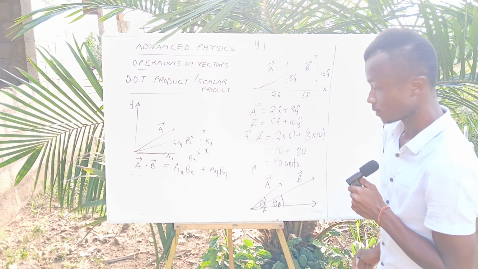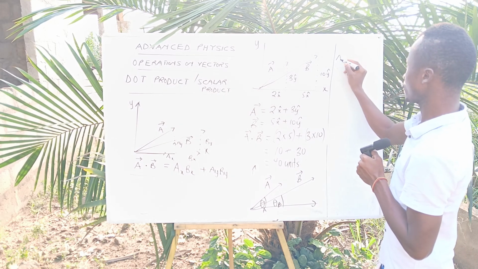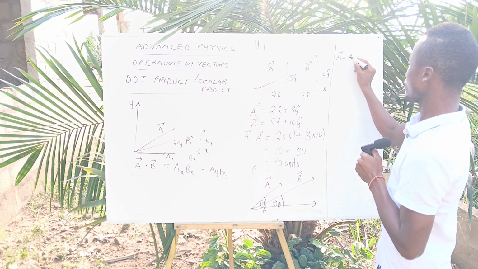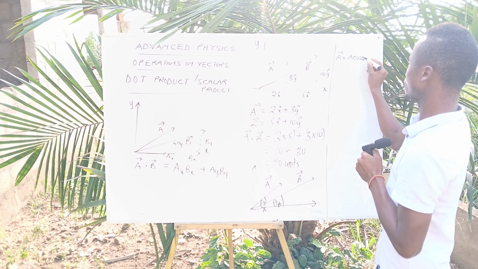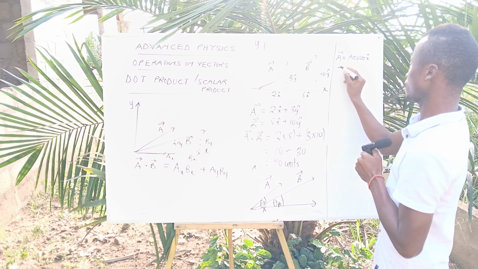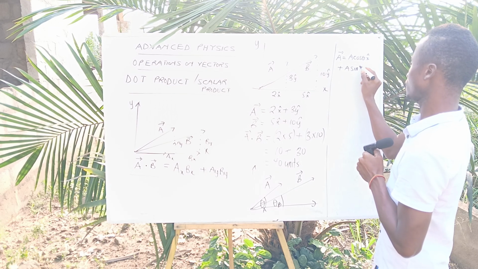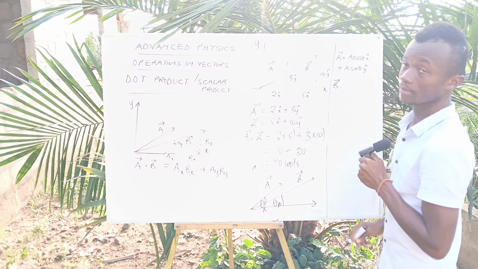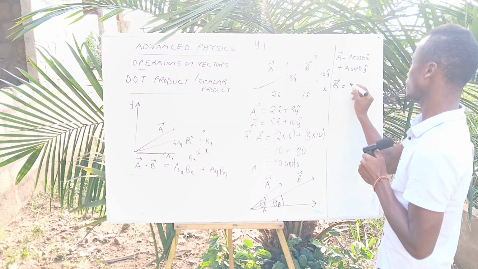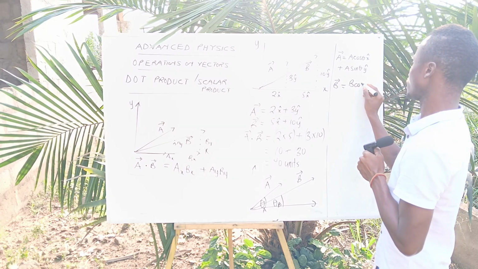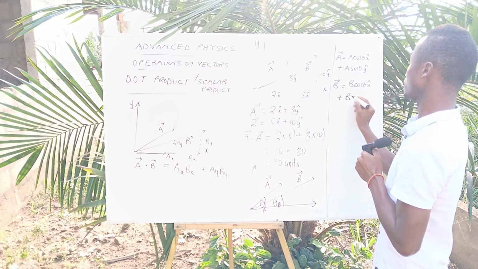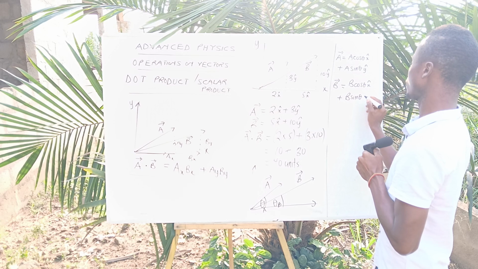So then it turns out that vector A, which can be written as A cos theta x roof plus A sin theta y roof, can be dotted with vector B, which is B cos theta x roof plus B sin theta y roof.